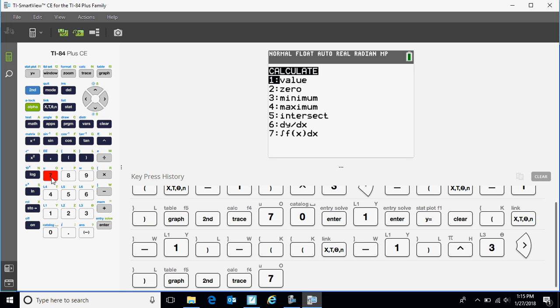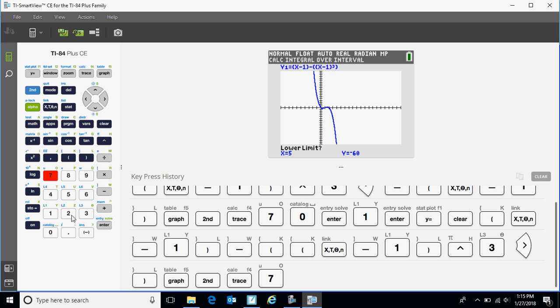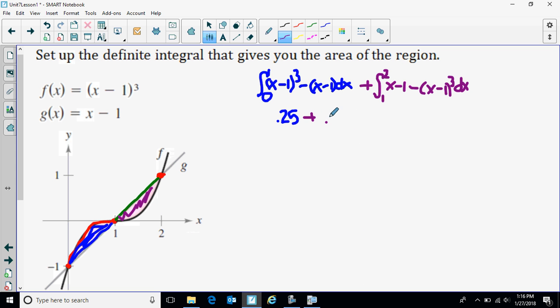And integrate that from 1 to 2. And again, I get 0.25. So the total area between the two curves, when I add those together, is 0.5.